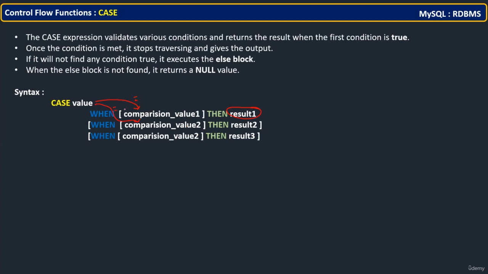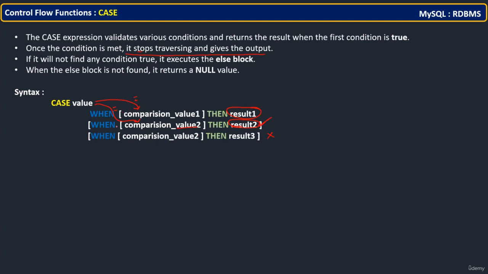If these two are the same, then it is going to return result 2. Then it is going to skip the next conditions. That is what it means: it stops traversing and gives the output. This result 2 is going to be the output.